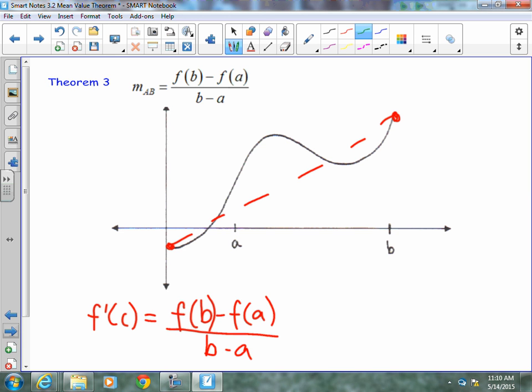So, if you notice, there's probably a point down here that has that same slope. Probably a point up there with that same slope. And down here. My green lines are parallel to my red dashed line. And those are the locations that the instantaneous slope, which is represented by the green line, is equal to the average rate of change, which is the red dashed line, because slope between the endpoints is average rate of change, which we did early chapter 2.